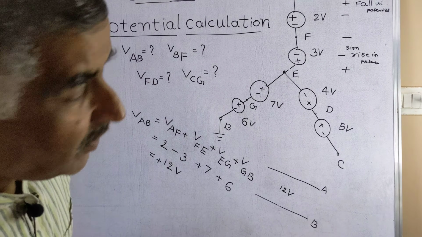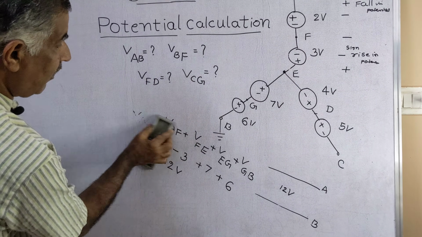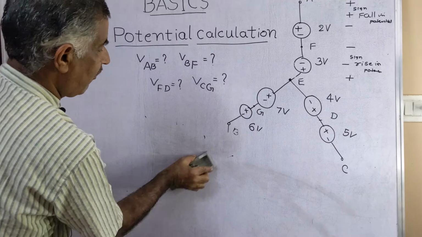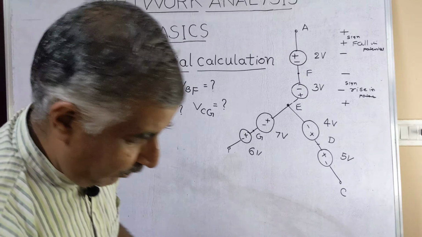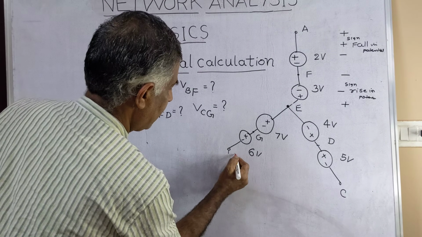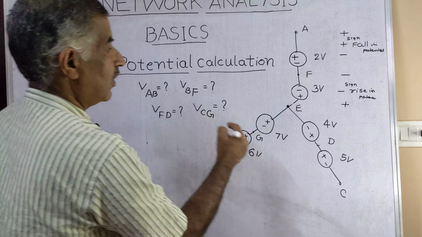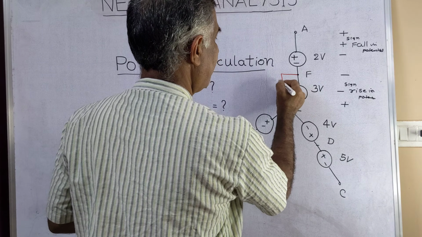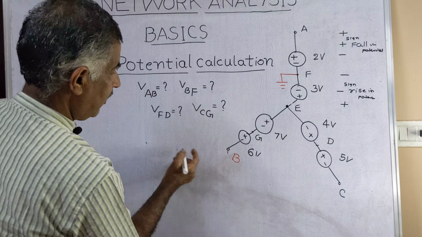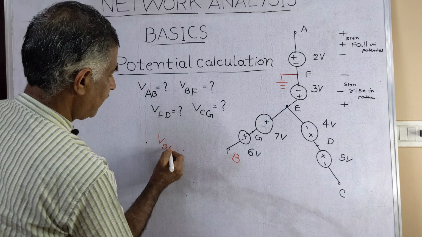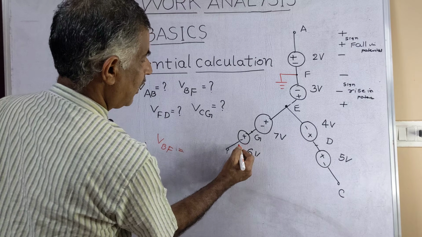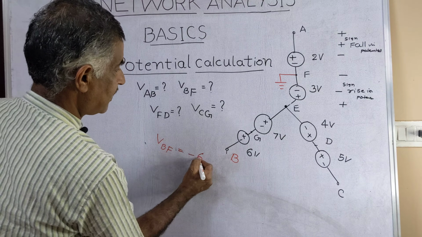Now I will take the second one, VBF. To find VBF, this is B, and the second letter F is ground. From B to G, rise in potential, minus 6.